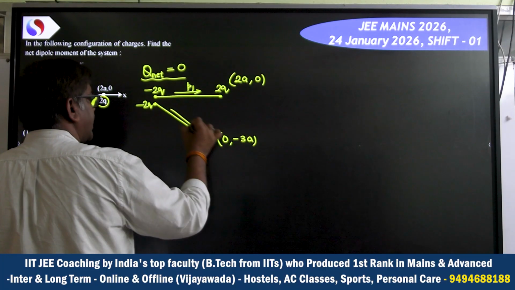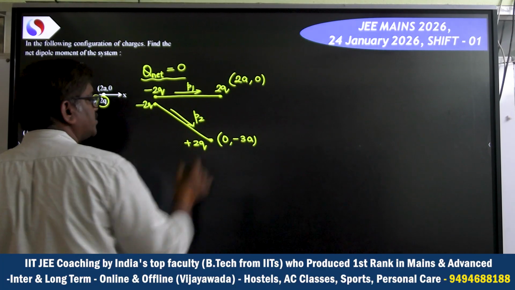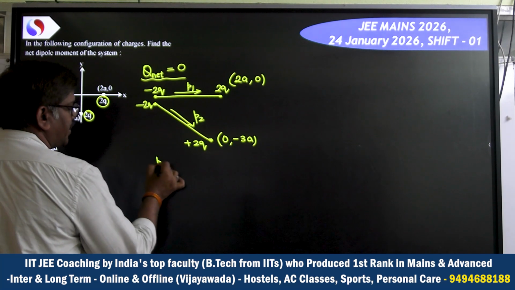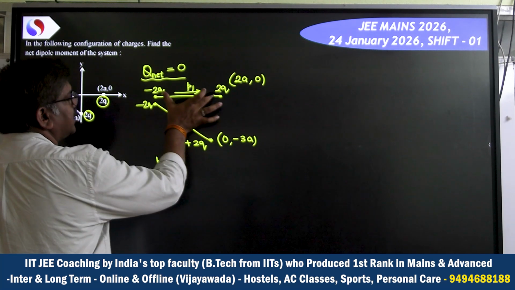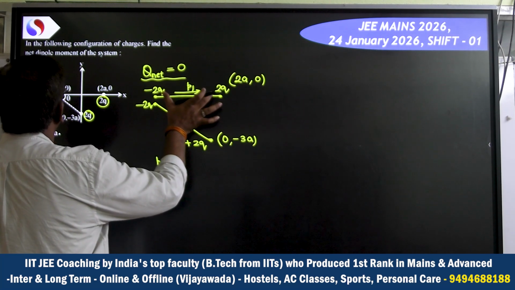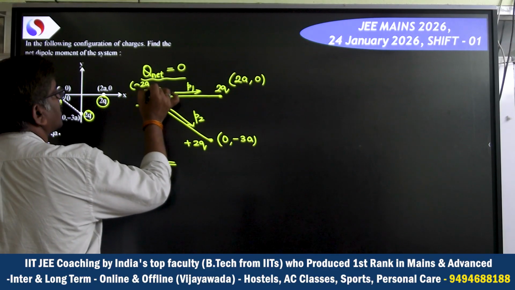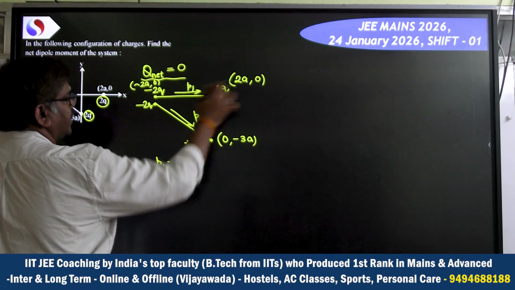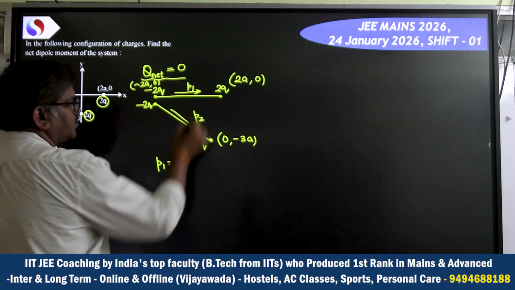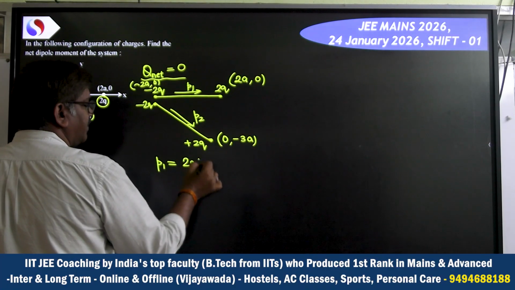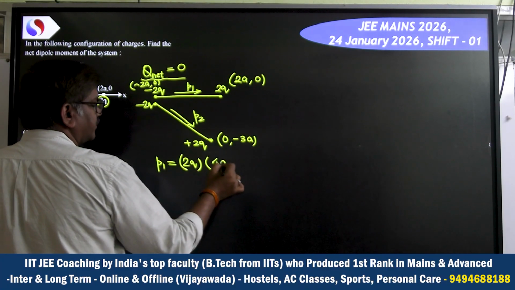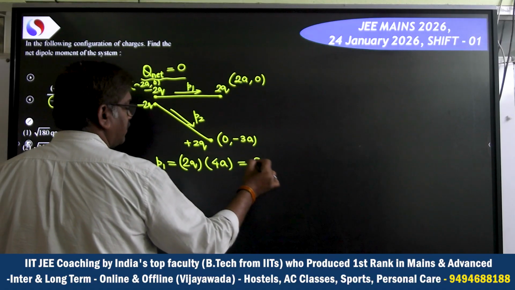That means this system can be represented by two separate dipoles, P1 and P2. For P1, the point is minus 2a comma 0, so the distance between them will be 4a. So it is q into d, where q is 2q and d is 4a. That means P1 will be 8qa.